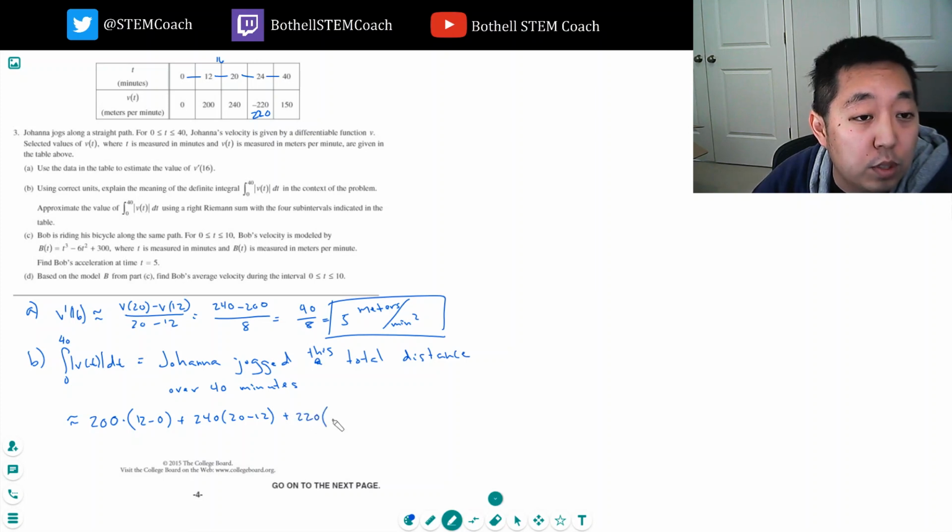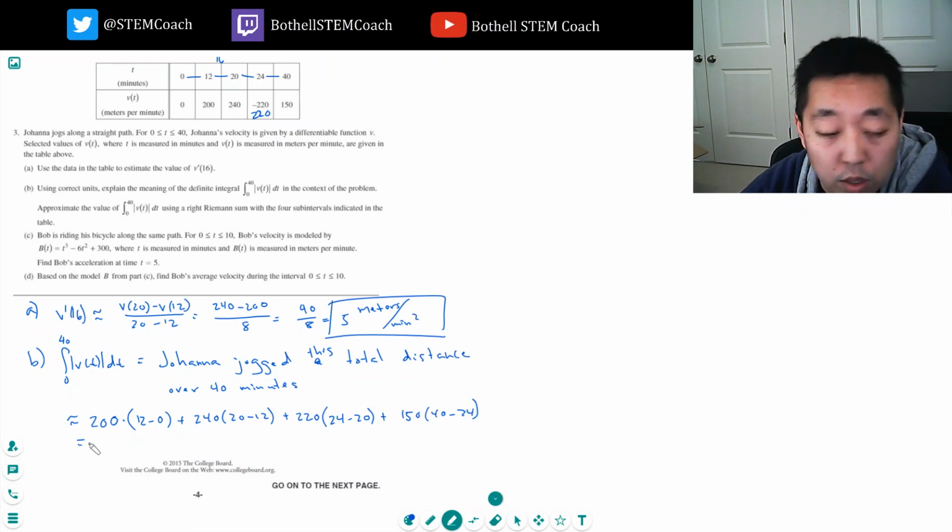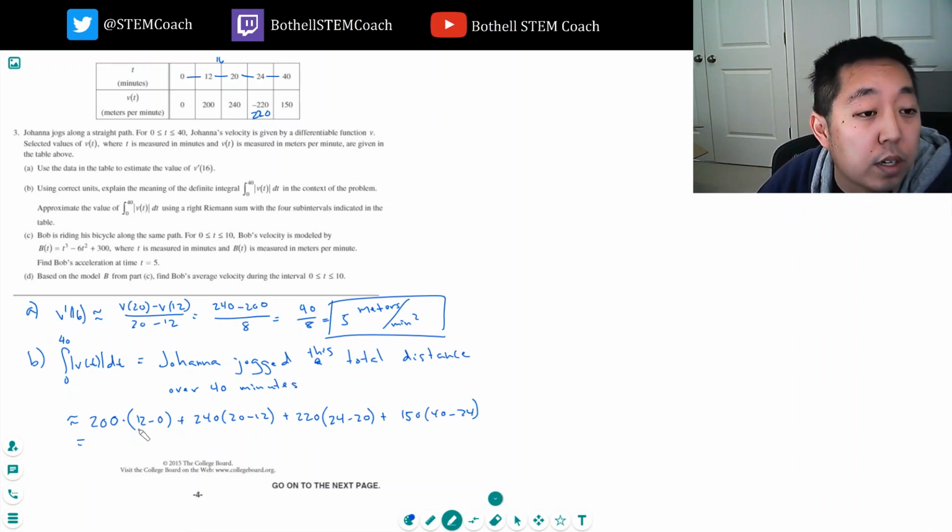Again, it's positive 220 because we're doing the absolute value, times 24 minus 20, plus 150 times 40 minus 24. And we don't get a calculator for this.